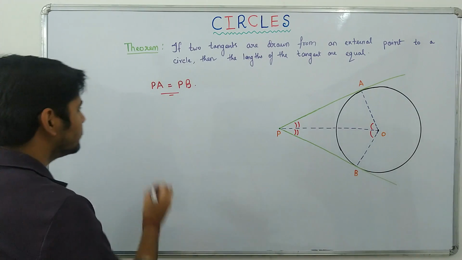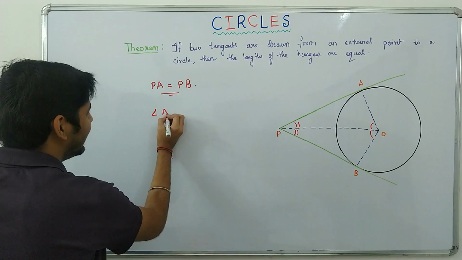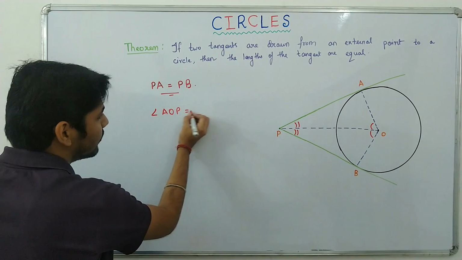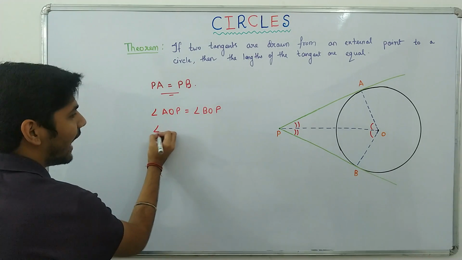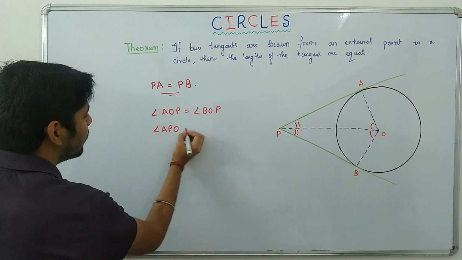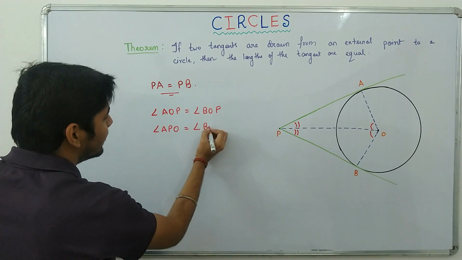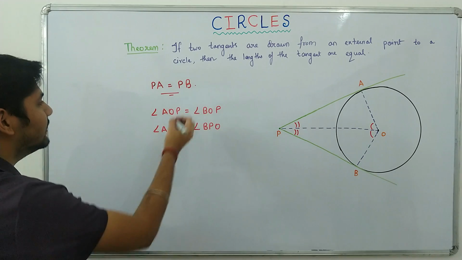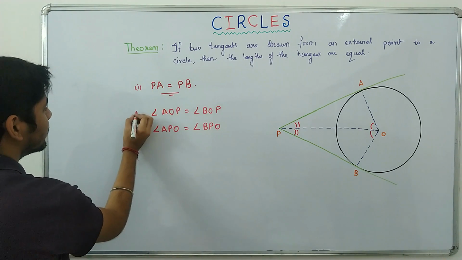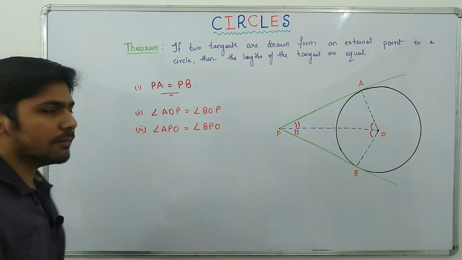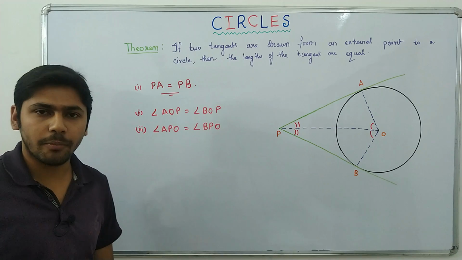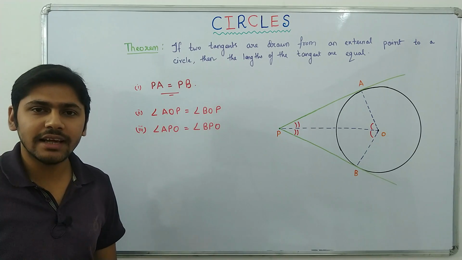So let me write it down. We get angle AOP equal to angle BOP, and angle APO equal to angle BPO. So we get three results. You have to remember all these three results properly. Now we move on to the next theorem.